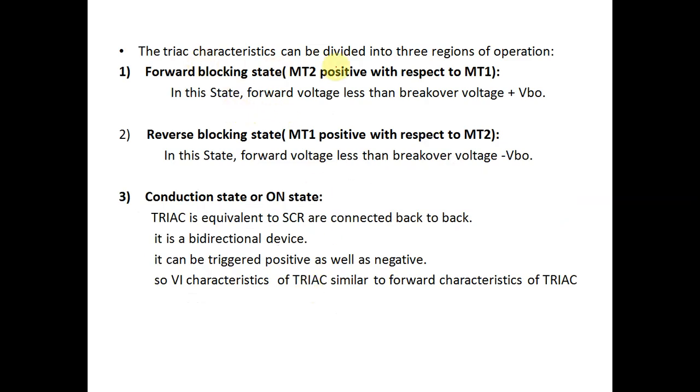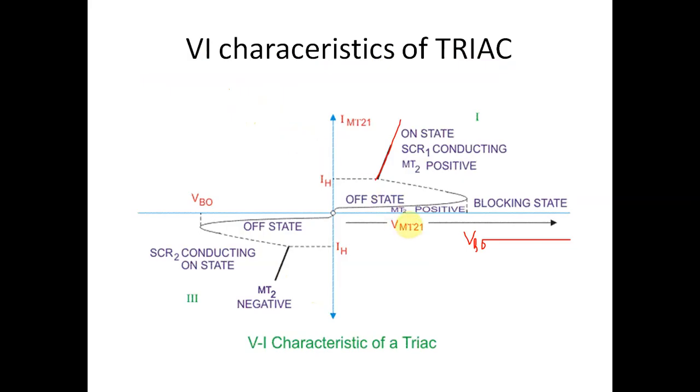The triac characteristics can be divided into three modes of operation. The first one is the forward blocking state.